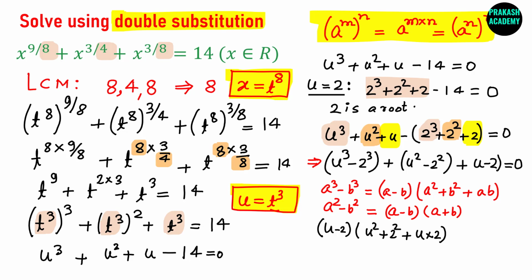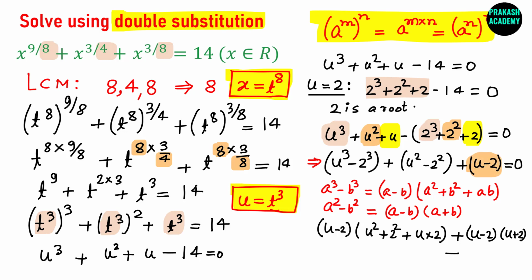That is the identity a³ minus b³. And this expression, u² minus 2², can be written as (u minus 2) into (u plus 2).